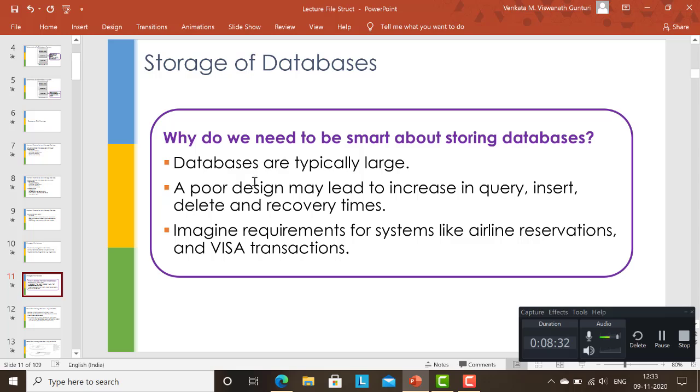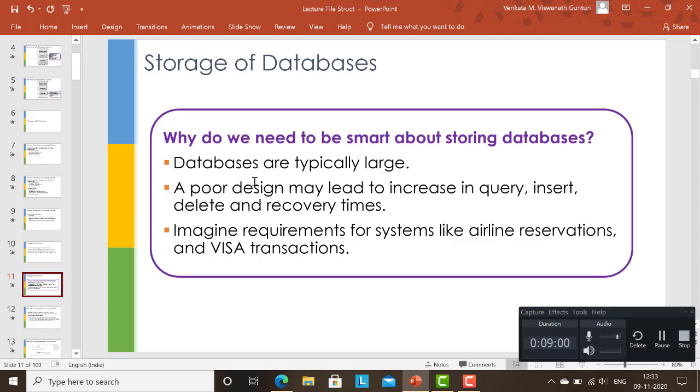So even if your system is just 1 or 2 seconds slow in terms of query performance, when you sum that inefficiency across lakhs or maybe millions of transactions, the overall throughput of the system goes down very much, right?